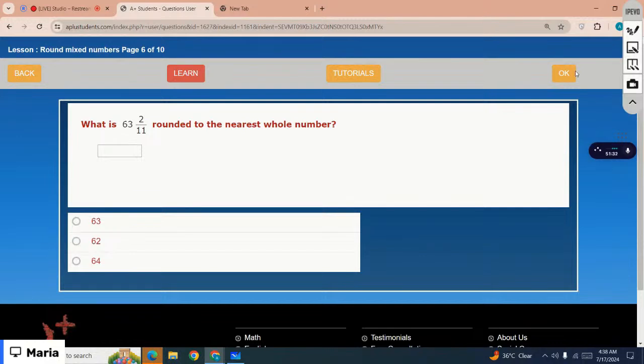What is 63 whole 2 over 11 rounded to the nearest whole number, which is the correct option?